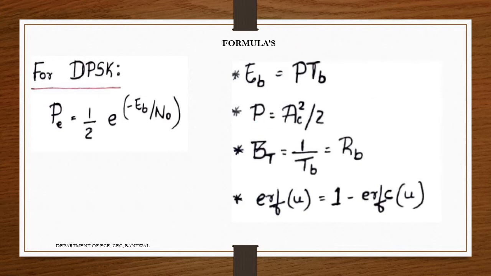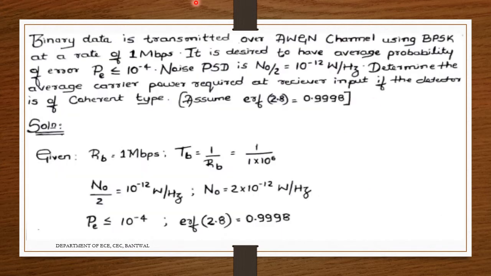Okay, now the first problem. Binary data is transmitted over an AWGN, that is, additive white Gaussian noise channel, using BPSK at a rate of 1 Mbps. It is desired to have an average probability of error Pe less than or equal to 10 to the power of minus 4.